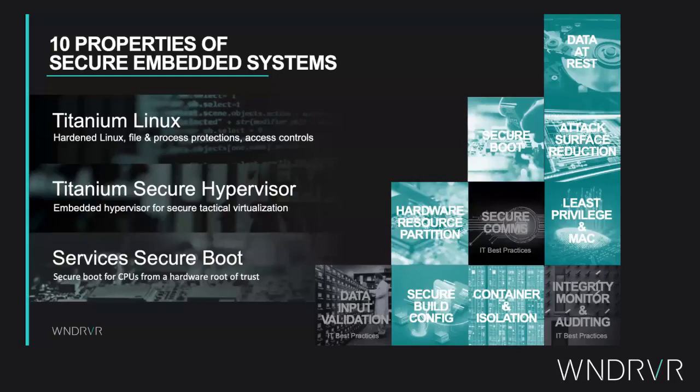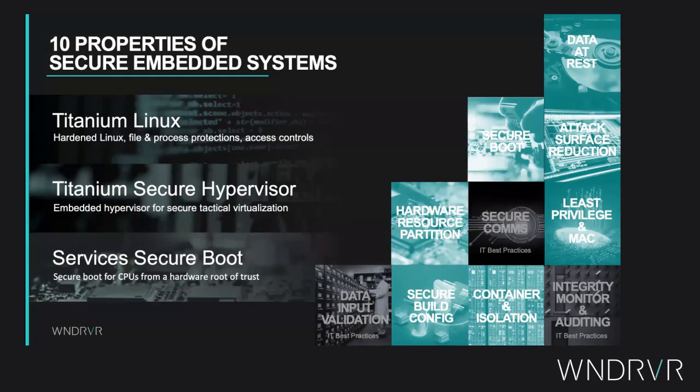So Titanium Linux, for example, protects your applications and data using data at rest. Our secure boot services, of course, cover the secure boot aspect, making sure that your system gets up and running and is in an unmodified, unmalicious state. Our Titanium Secure Hypervisor implements the principle of attack surface reduction, where we took the Xen hypervisor framework and reduced the code size by 40%, just giving access to the functionality that's needed on a secure embedded system.